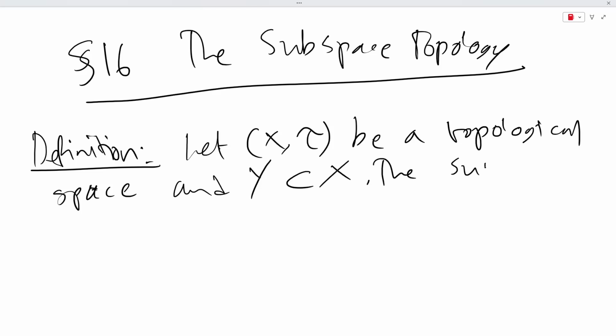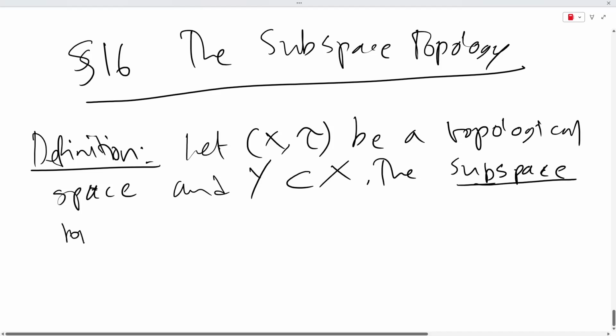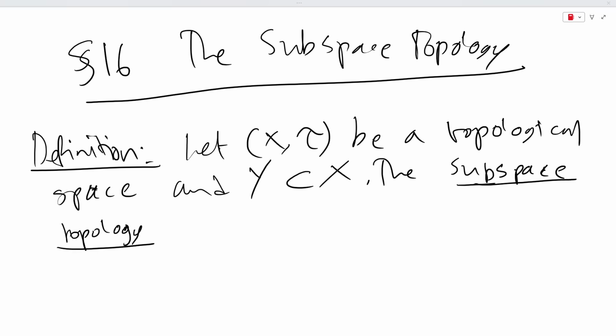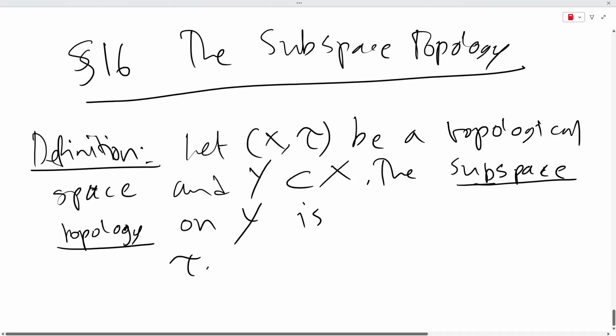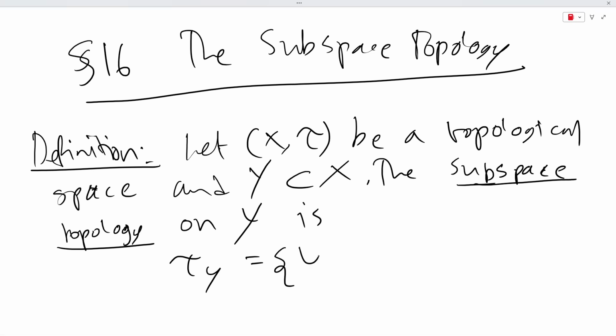The subspace topology on Y is tau_Y equal to the collection of Y intersect U for every open set U in tau.